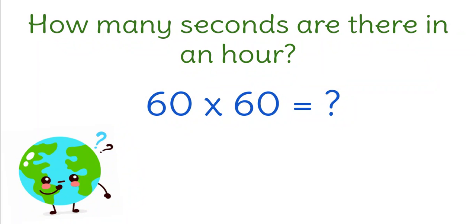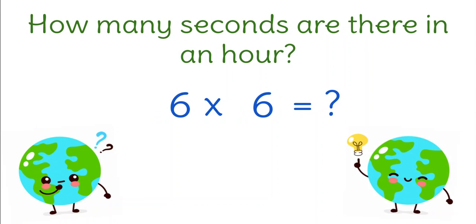So we could make each of our 60s 10 times smaller. So if I were to share 60 into 10 equal groups, the answer would be 6. So 6 times 6. Now that looks a little bit easier.